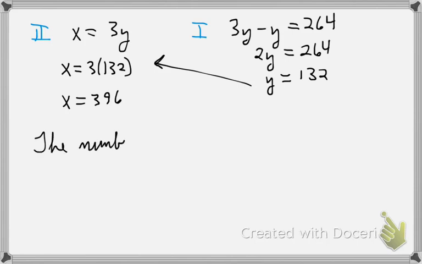It said find the numbers. So the numbers are 396 and 132. Is their difference 264? Yes, if you subtract them. Is one of the numbers 3 times the other number? Yes. This is what makes those two equations true. This is our solution. Does that make sense? Yes. Okay.